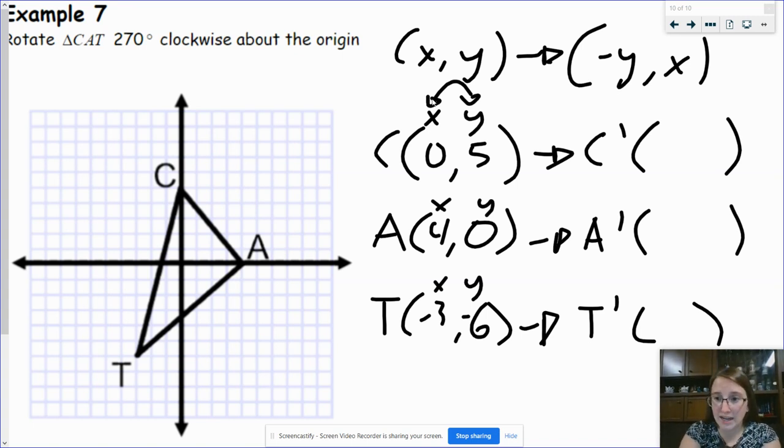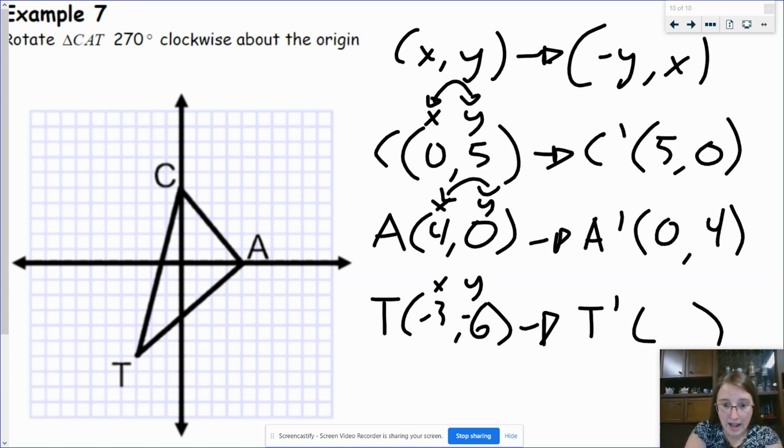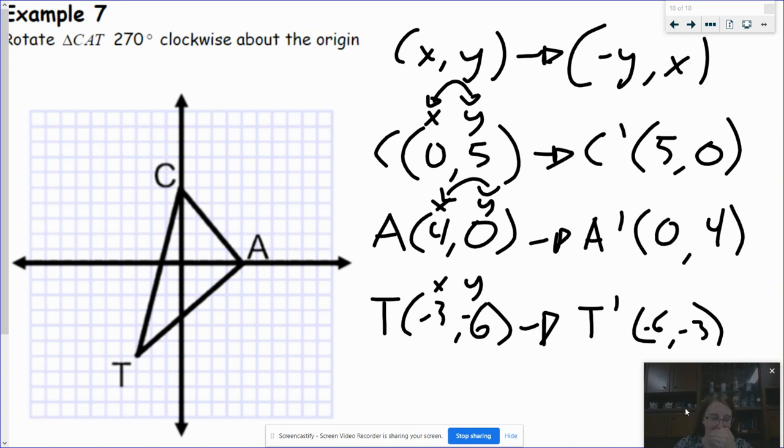Okay, so switching the x and the y, I have 5, 0. I just flip-flopped. I have switching these, 0, 4, and switching these, I have -6, -3. Now we can look at, do I need to make one of them opposite or both of them opposite? And we do.